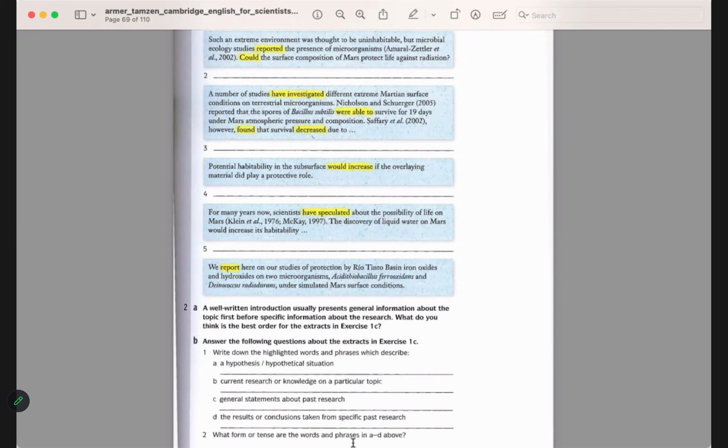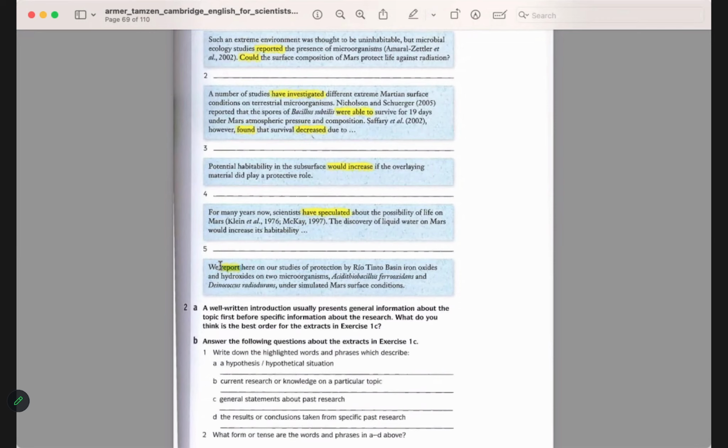Yes, have speculated, have investigated. And the last part, the results or conclusions taken from specific past research. Also reported. Reported, because in this current research we use report present.